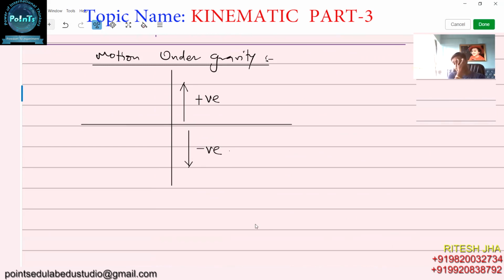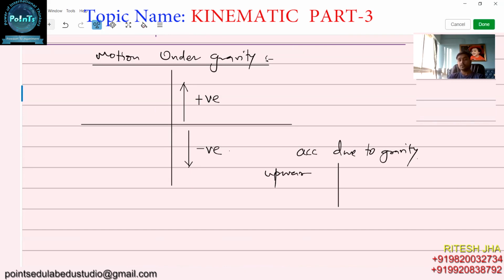Now, my question: what do you think the acceleration due to gravity is, if the motion is upward and if the motion is downward? It is always constant. Is it positive or negative when it is upward and when it is downward?